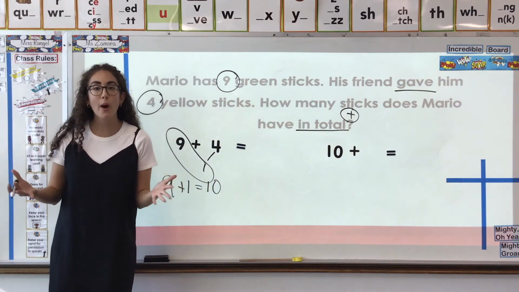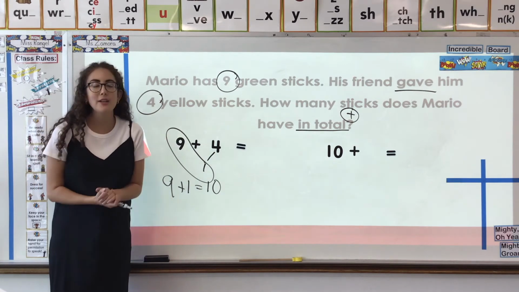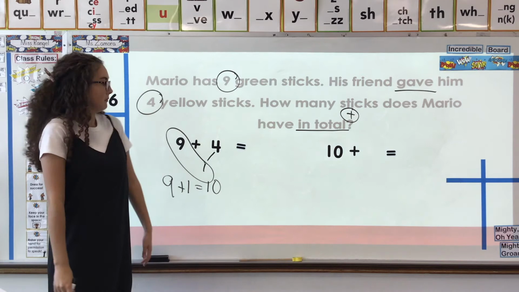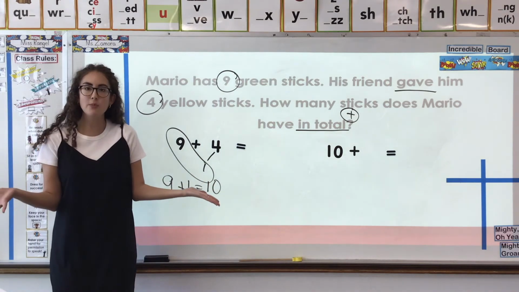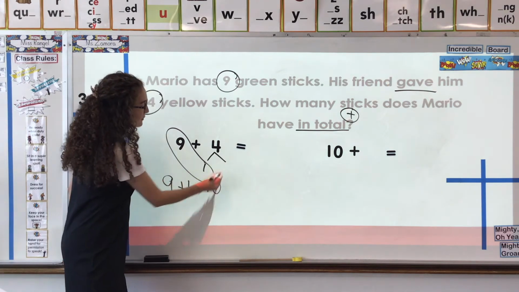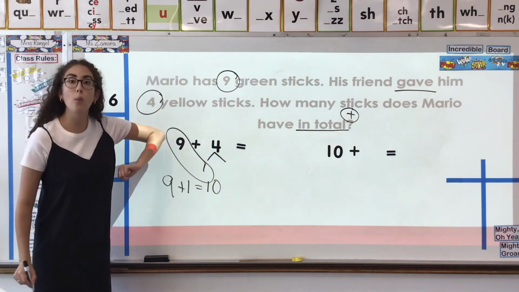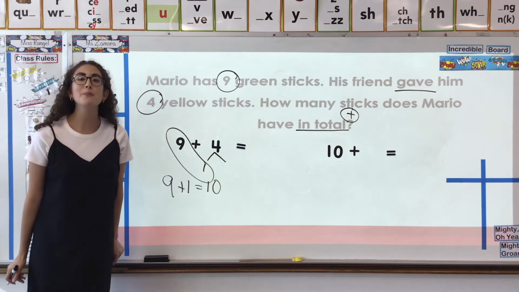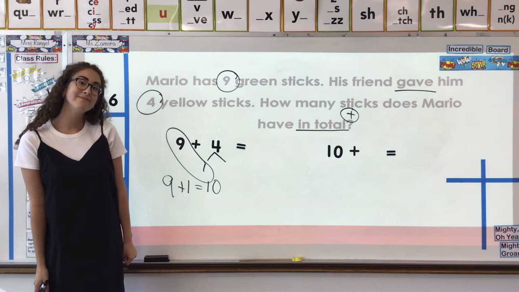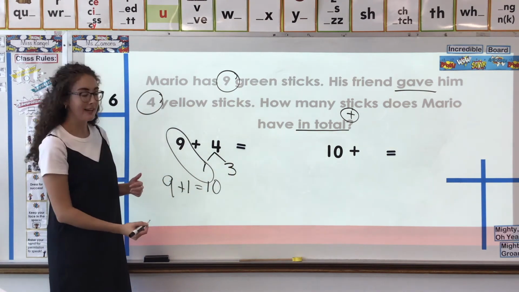We have the first part of our 10 plus fact. But what are we going to add to the 10 plus fact to get our answer? What do we have left in this problem? We have what's left over from the 4. So if we took out 1 from the 4, what would be left over? It would be a 3.